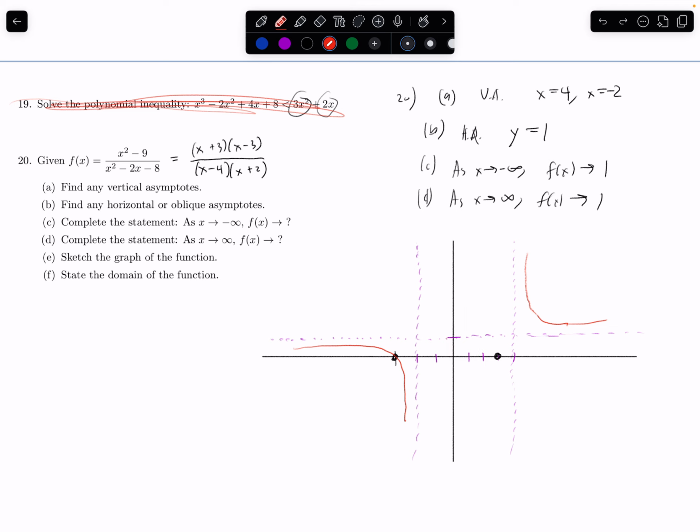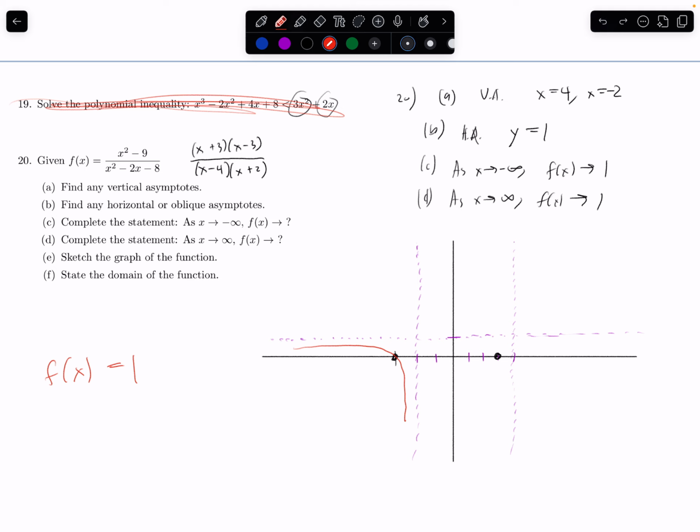So what I want to check is, is there an instance when f of x is equal to 1, where the horizontal asymptote is? And f of x is this function right here. So I want to check if that thing is ever equal to 1.